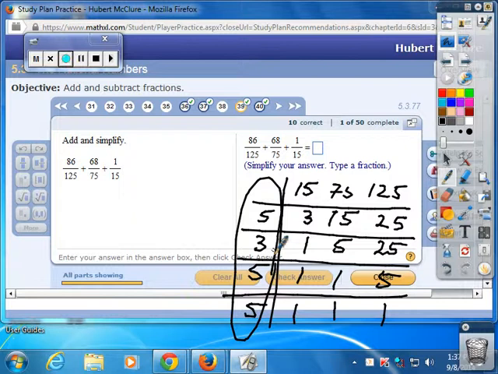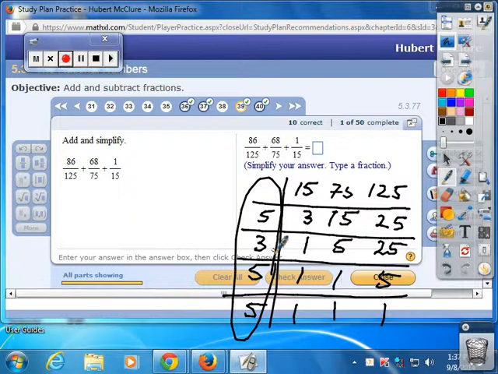And I'm going to try to do this the easy way, because I don't want to do it the hard way. Multiply 25 times 15. 25 times 15, you don't know how much that is. But what's 5 times 5? 5 times 5, 25 times 3. What's that? 75. And 75 times 5, that may be easier for you to do. Or you could do 125 times 3, which is 375.